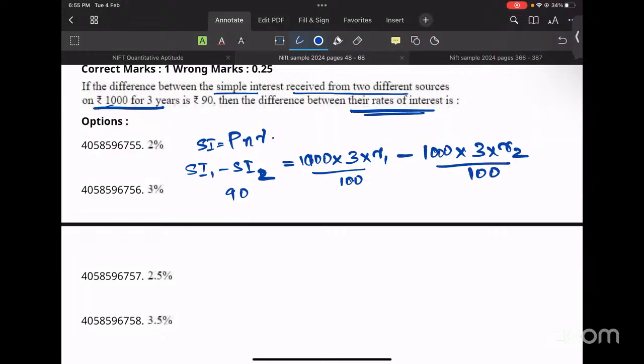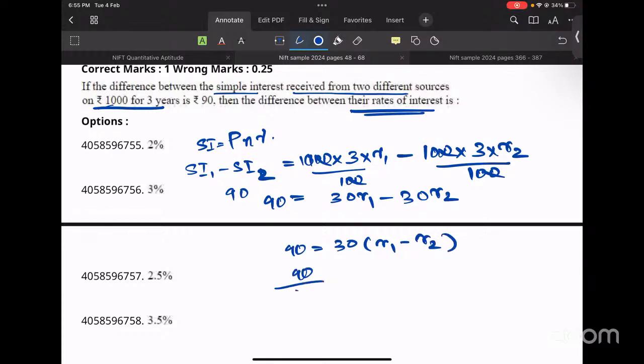You can cancel the zeros. So 30 R1 minus 30 R2 equals 90. Take 30 common: R1 minus R2 equals 90 by 30. So the difference between the rates of interest is 3, R1 minus R2 equals 3.